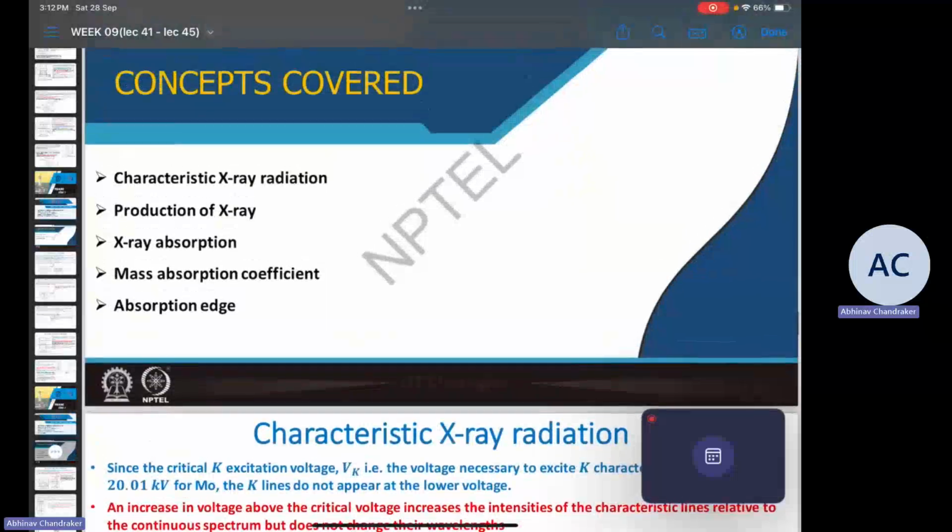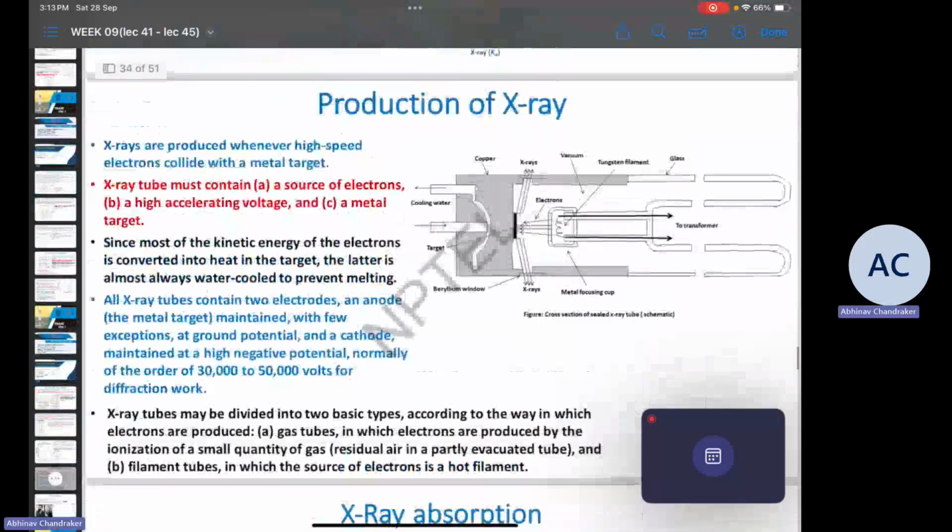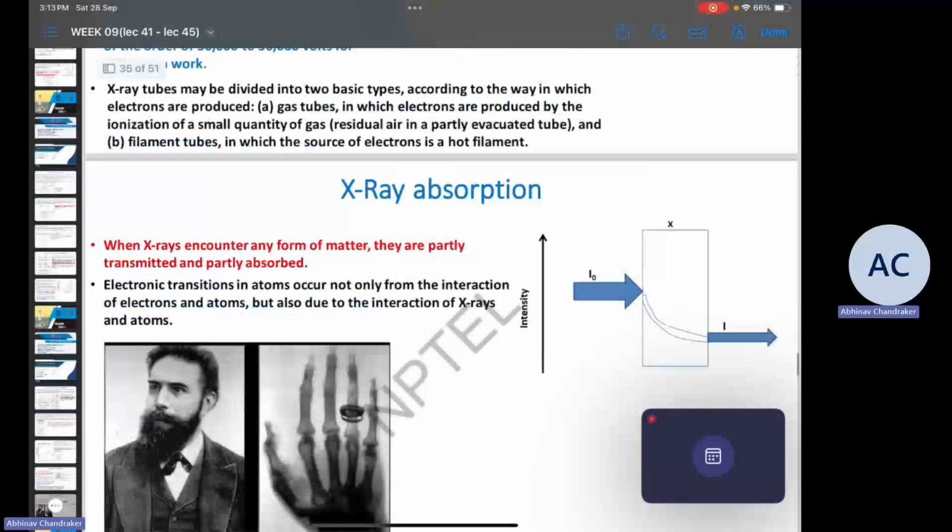Then we looked at production of X-rays, how X-rays are produced. We do it usually using X-ray tubes.